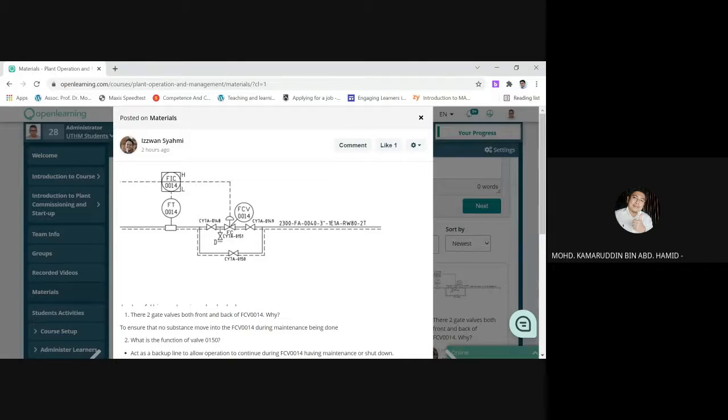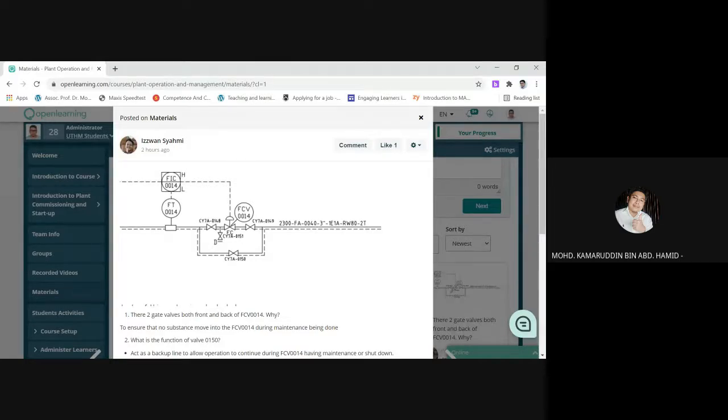The HAZOP analysis is one of the safety methods that you need to do for every single drawing, especially the PFD and the P&ID that you have developed. So HAZOP is a short name for hazard and operability study.